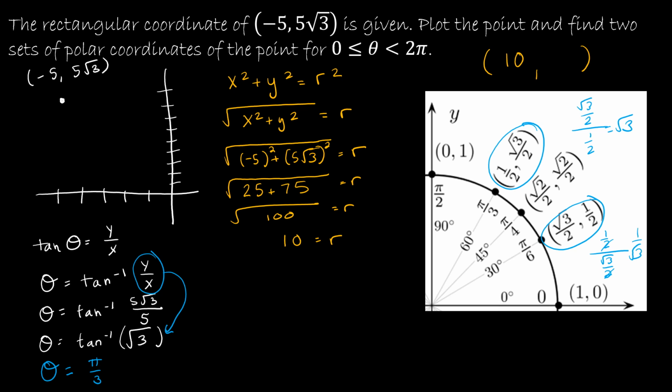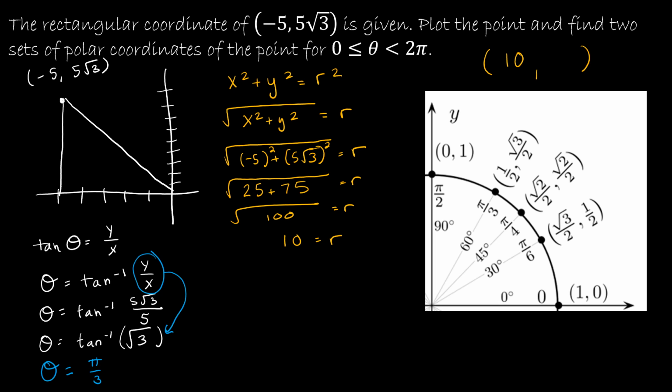Now that does not mean theta is pi over 3. That means my reference angle of theta is pi over 3. So here's how we determine this. Let's look at where our rectangular value is located. That's telling me that this is pi over 3. So obviously this is x, and this is y, and this is r.